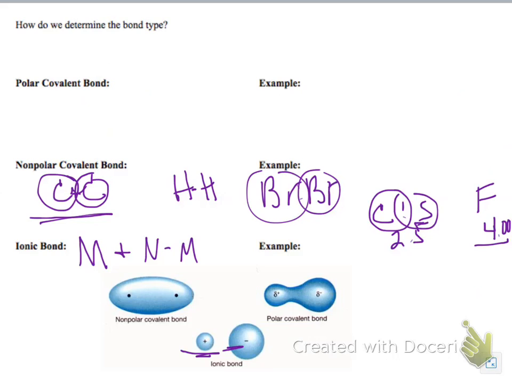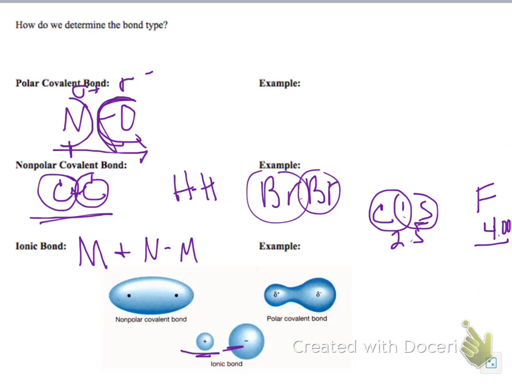Okay? So a polar covalent bond is when the atoms pull differently. In this case, oxygen is more electronegative, so the electron cloud is going to be a little closer to and denser around the oxygen than it is around the nitrogen, making the oxygen side more electronegative and the nitrogen side a little more electropositive, which I can show as a minus here and a plus here.